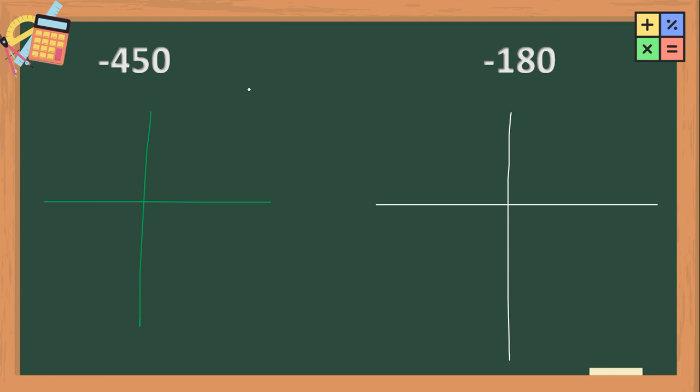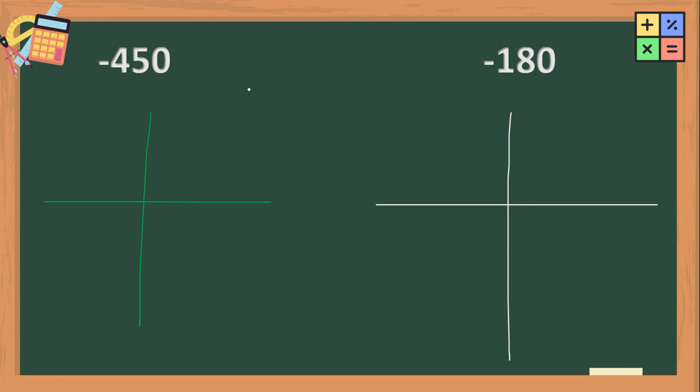Sa quadrant 1 to 4 lang ba matatagpuan ang ating mga degree or mga measurement na binibigay? Yes or no po? Wala pa tayo sa sign. Hindi siya depende. Naniniwala ba kayo na quadrant 1 to 4 lang or meron pa bang ibang location?